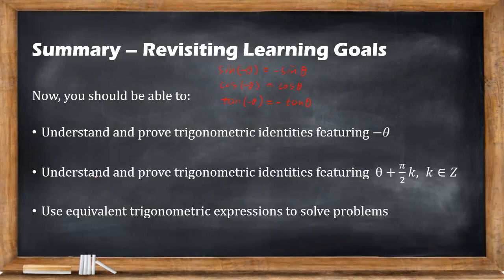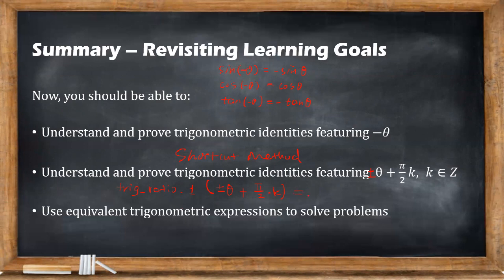okay? Next, understand and prove trigonometric identities featuring theta plus 1/2 pi times k, okay? And you can use the shortcut method to evaluate the expression. For example, you have a trigonometric ratio 1, and then you have a positive or negative theta, and then plus 1/2 pi times k, right?